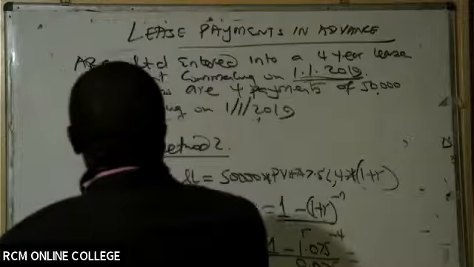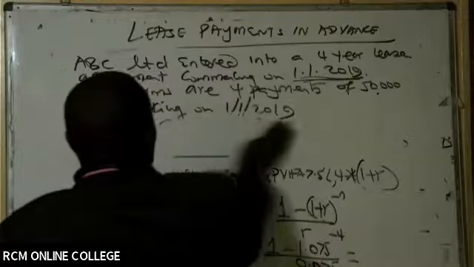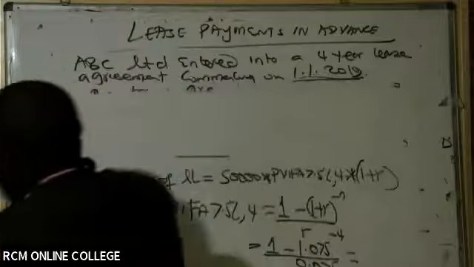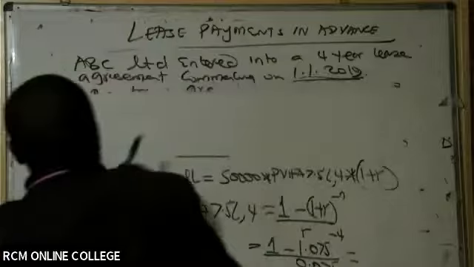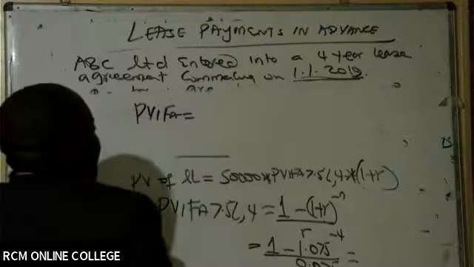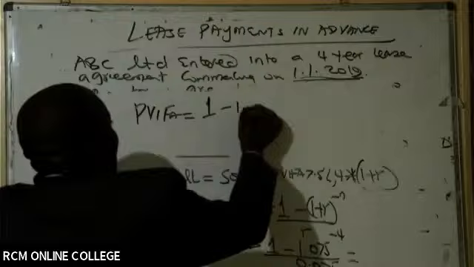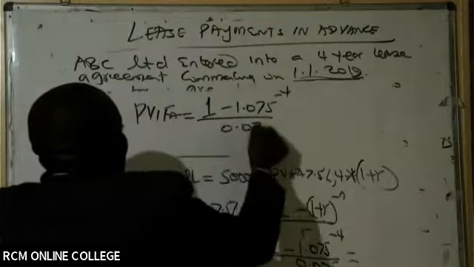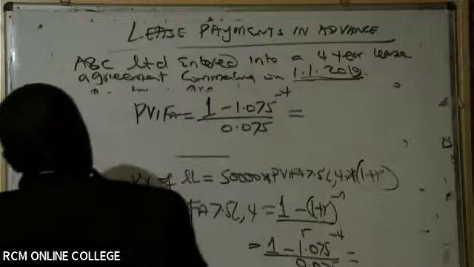So this method, ladies and gentlemen, so I'm getting the PV for here. So the PV for here will be, so we have here 1 minus 1.075 raised to minus 4, all over 0.075. So is there somebody who already has gotten this answer?